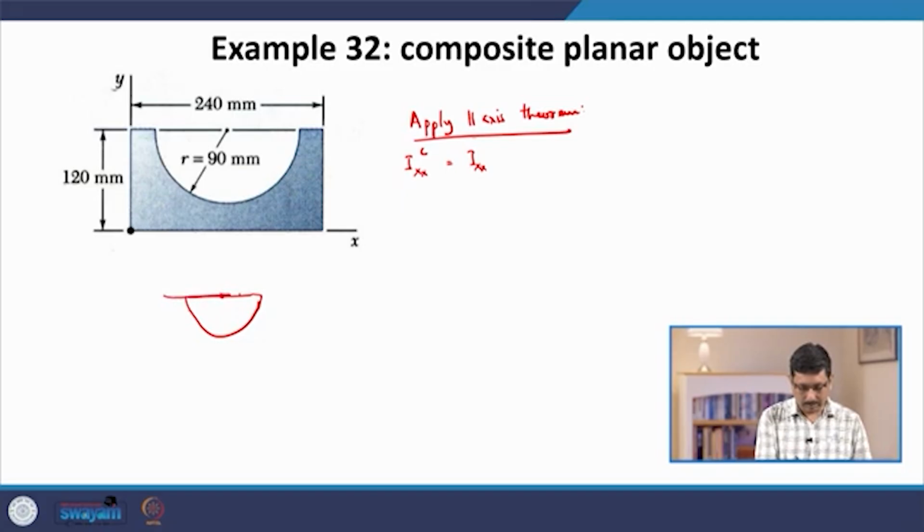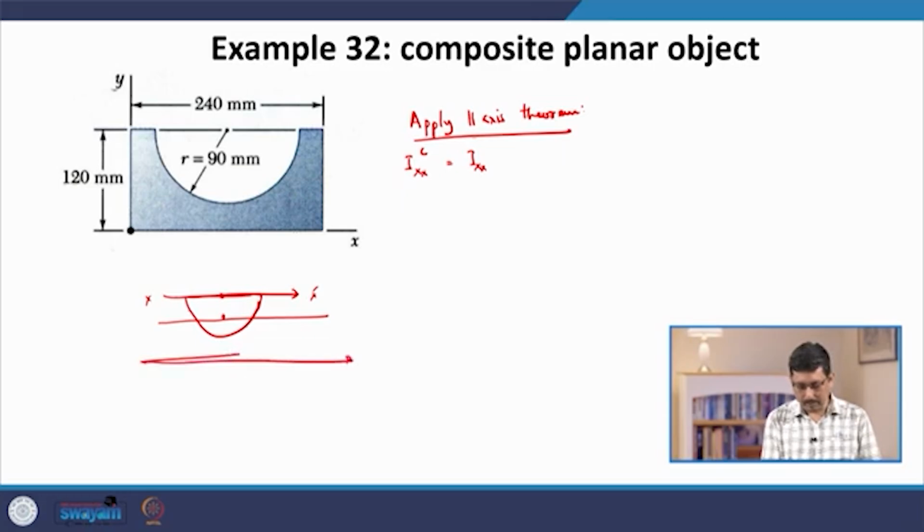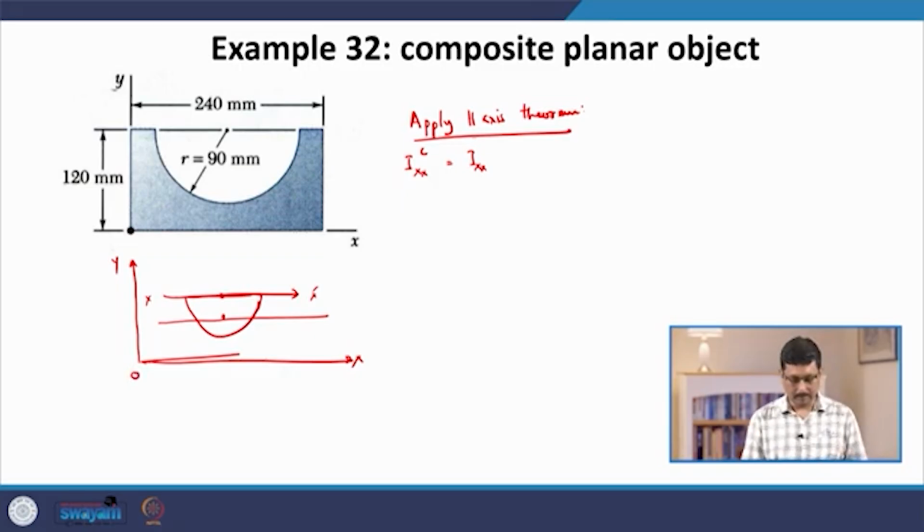We have taken this axis and calculated the moment of inertia. Let us take another axis, and remember that this is our original x axis about which we are supposed to calculate the moment of inertia. Now, we take another axis which is parallel to the x axis and passing through the center of mass.